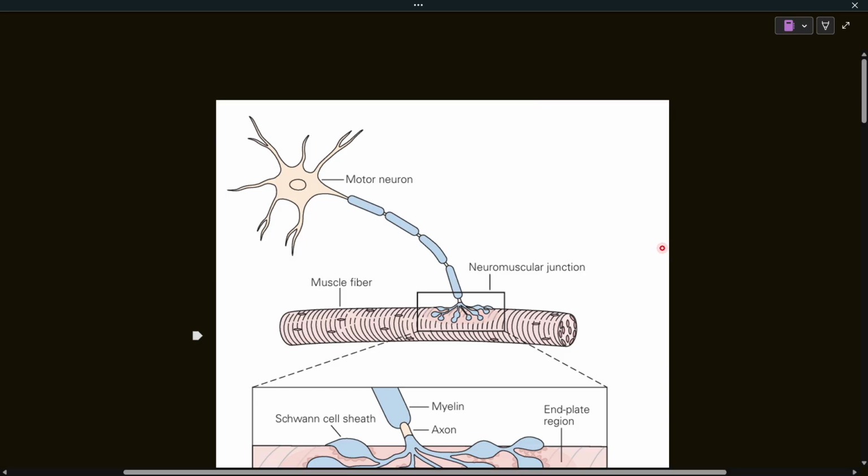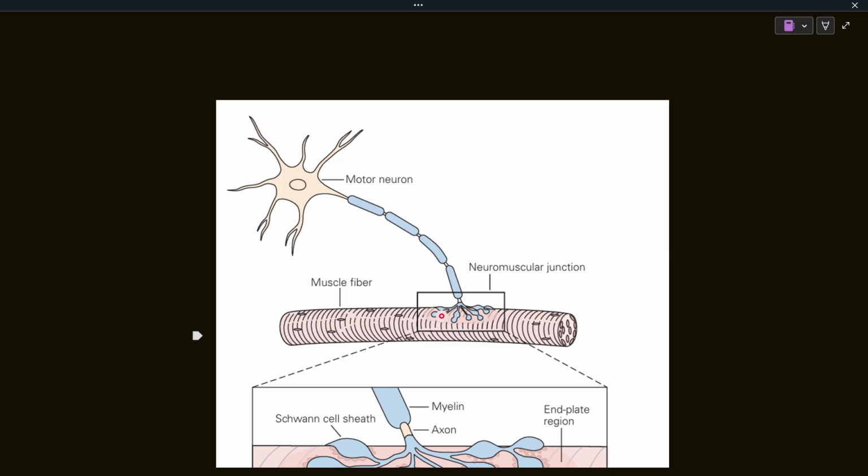It is very accessible for experimentation because the muscle fiber is quite long, and multiple electrodes can be inserted to measure the action potential or any potential changes happening in the muscle fiber. And that is why we are going to learn about the neuromuscular junction as an example of directly gated signal transmission.